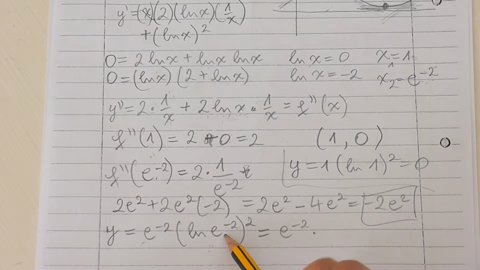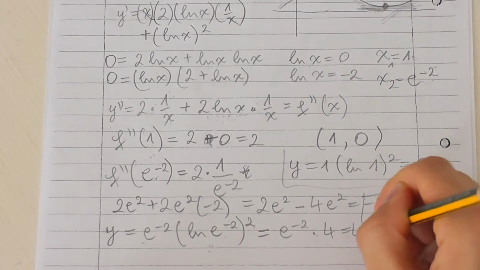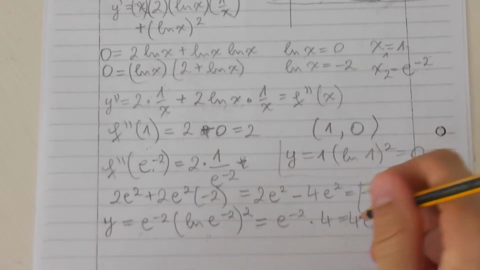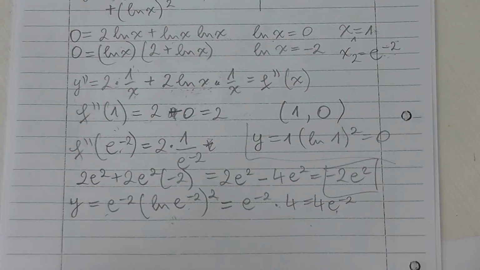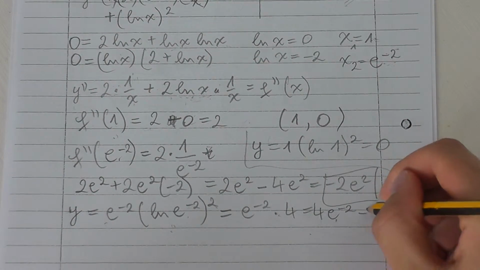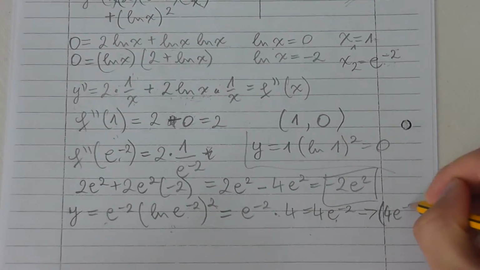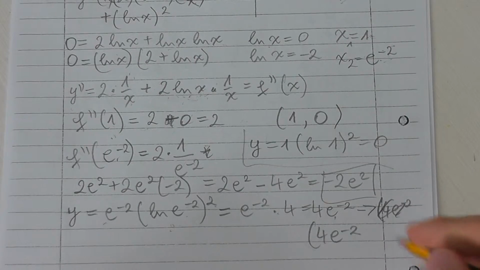Obviously it's minus 2. And then when we square that, we get 4. So 4e to the minus 2. And that gives our second coordinate to be 4e to the minus 2.